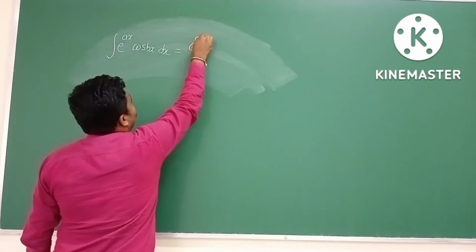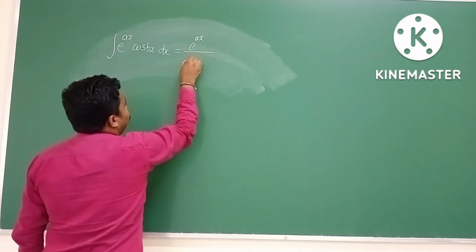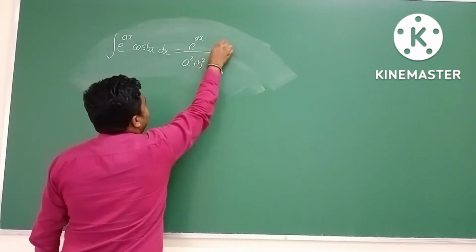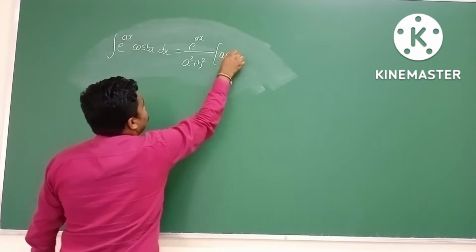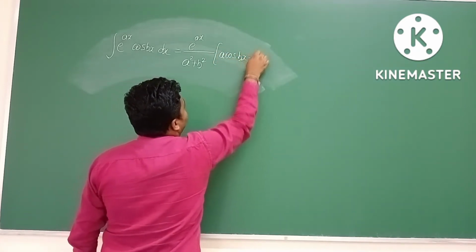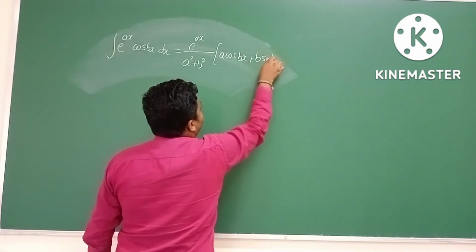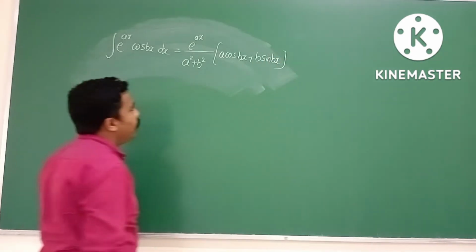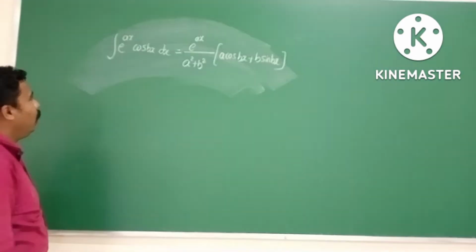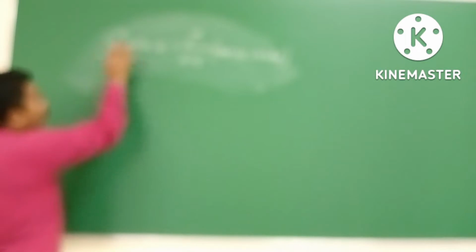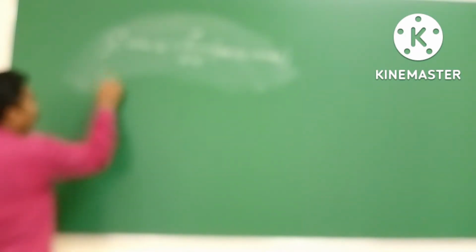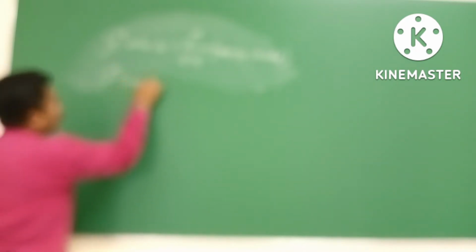So it is e power ax divided by a square plus b square, times a cos bx plus b sin bx. This is a very important formula when we have the product of e power ax into cos bx dx. Similarly, one more formula, the integral of e power ax into sin bx dx.